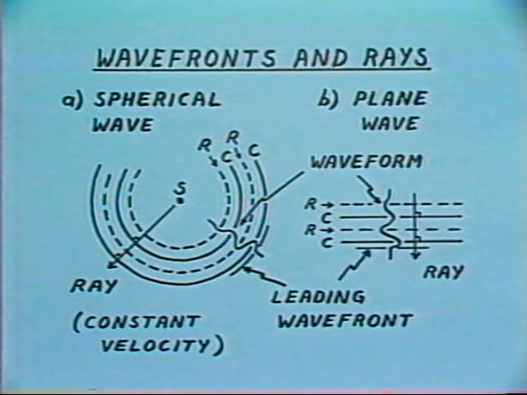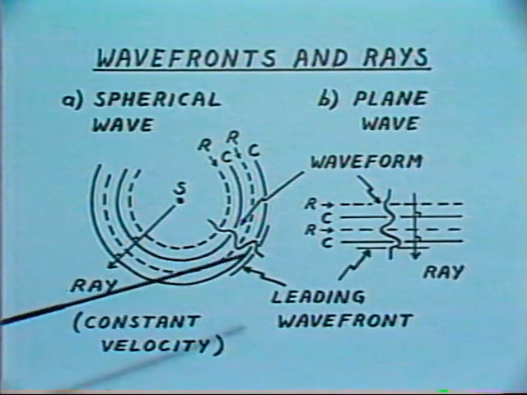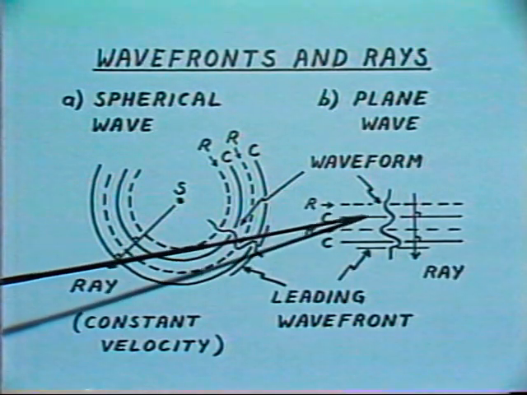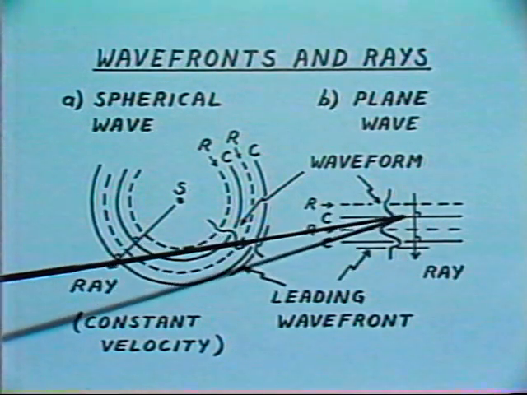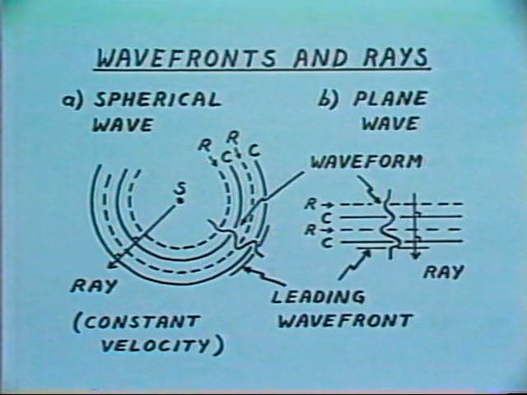Now, if we looked at these wavefronts at a very great distance away from the source, there would be very little curvature of the wavefronts, and in fact they'd appear to be almost flat, or plane surfaces. A wave such as this is referred to as a plane wave, and it simply means that the wavefront surfaces are flat planes rather than spheres.